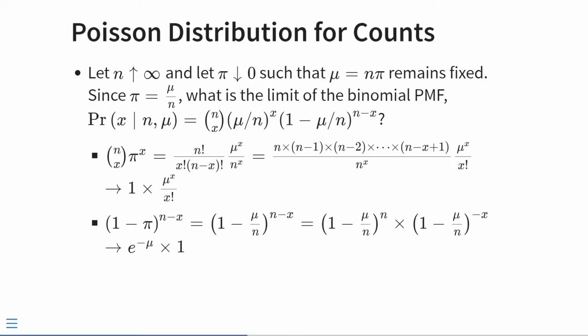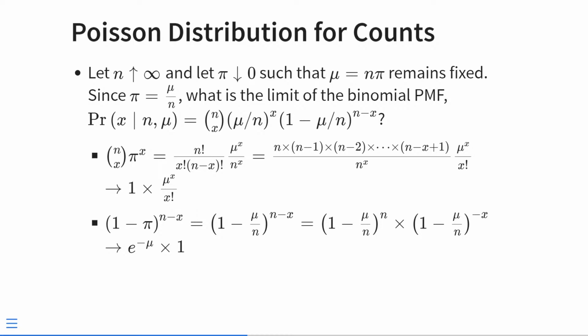And now if we look at the other term, 1 minus pi raised to the power n minus x, again substituting mu over n for pi, we get this. We can break it out into two terms: 1 minus mu divided by n raised to the power n. And maybe a little known fact among QMSS students, but that is the definition, as n goes to infinity, of e, the number 2.718-ish, raised to the power negative mu.